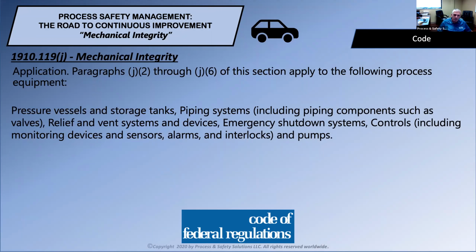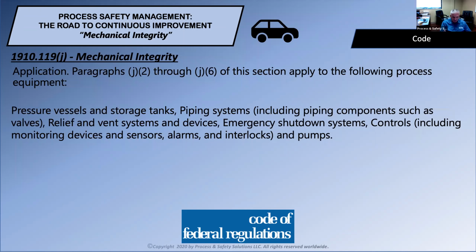When we talk about mechanical integrity, we're really talking about pressure vessels, storage tanks, and piping systems. We're talking about emergency shutdown systems, controls, monitoring devices, sensors, alarms, interlocks, and pumps, compressors, and the like.